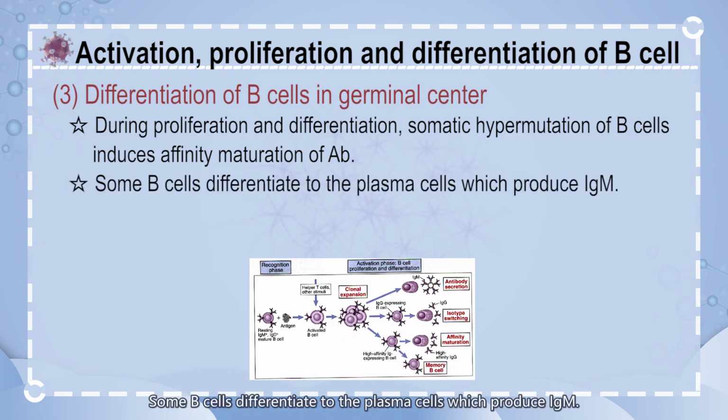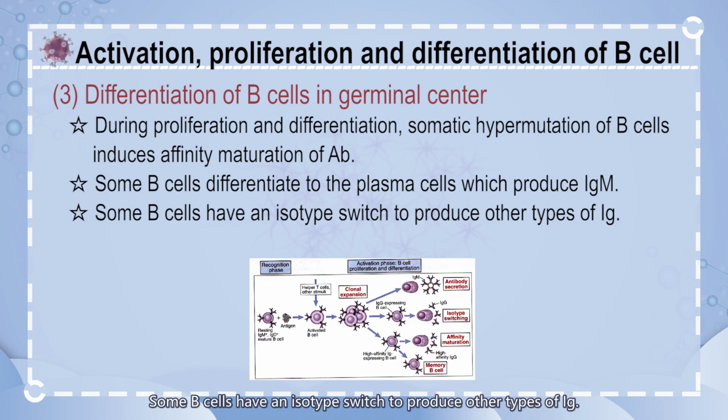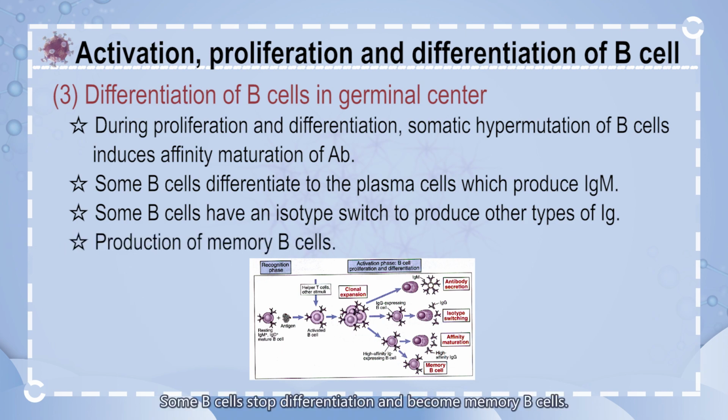Some B cells differentiate into the plasma cells, which produce IgM. Some B cells have an isotype switch to produce other types of immunoglobulin. Some B cells stop differentiation and become memory B cells.